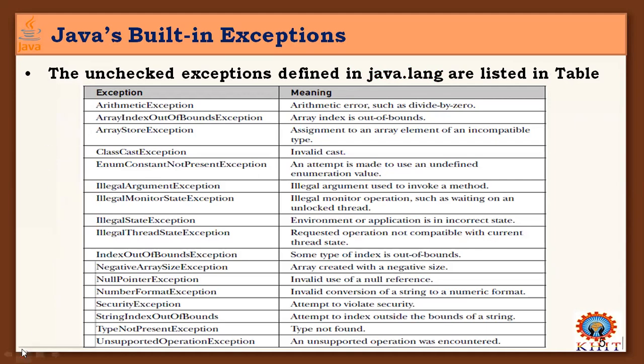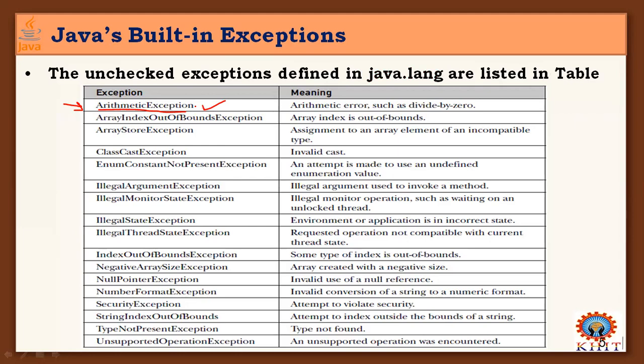Here it is. The first and most important is ArithmeticException. When you are using this exception in your programs to handle it, you have to follow the case sensitivity of this representation: uppercase A, uppercase E, and no space between them. ArithmeticException.